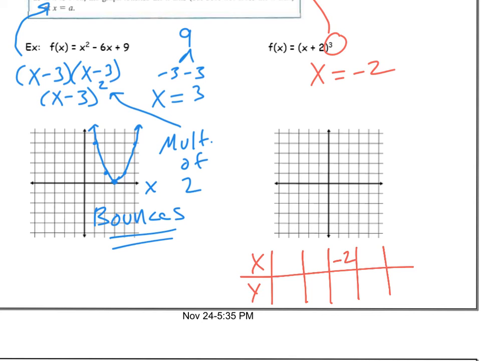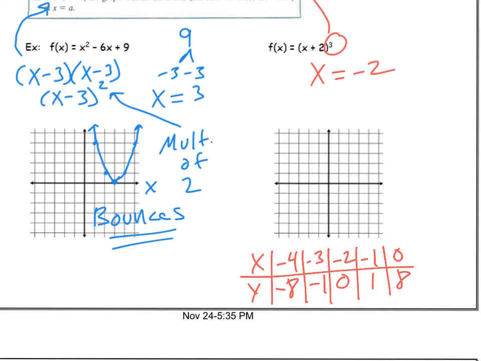If you put in -2, you'd get 1. Put in -3, you get -1. Take some time if you wanted to verify those 5 points, but you're just plugging in x values to get y values.